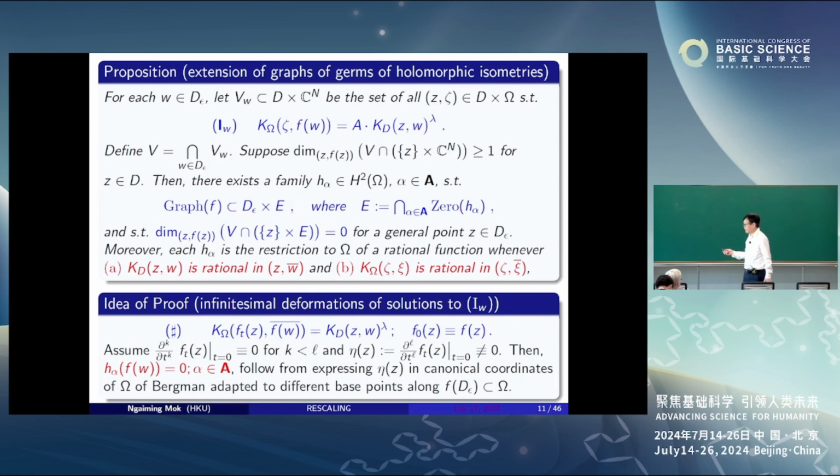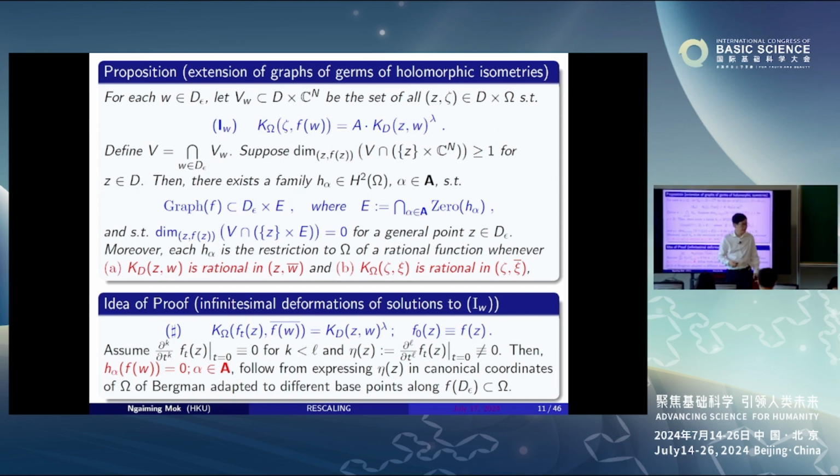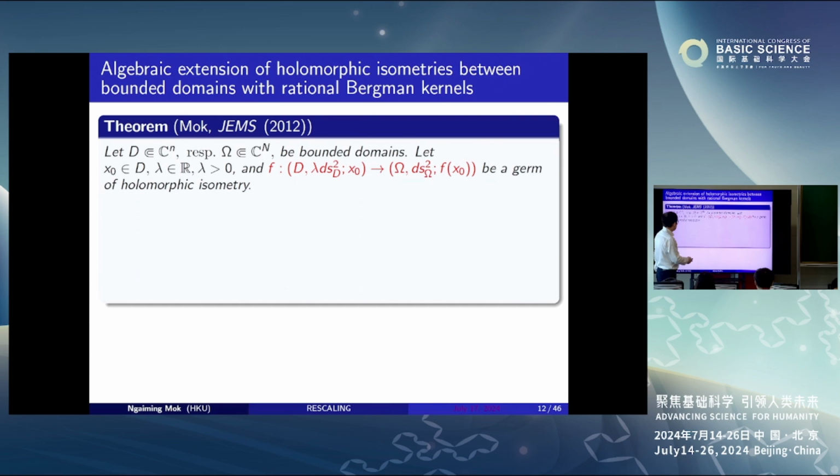Therefore, especially in the case of a bounded symmetric domain, you would end up with an infinite number of equations, and then you would be able to get the solution. And since these are algebraic equations, what you get finally is that the graph is already algebraic.